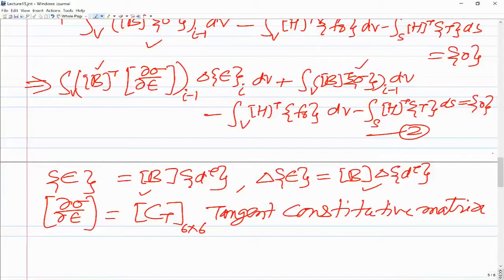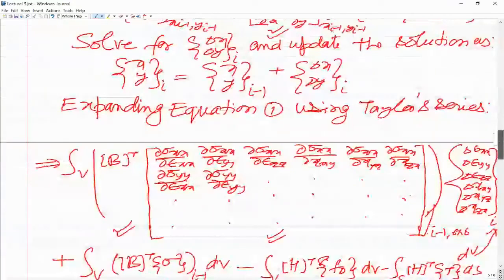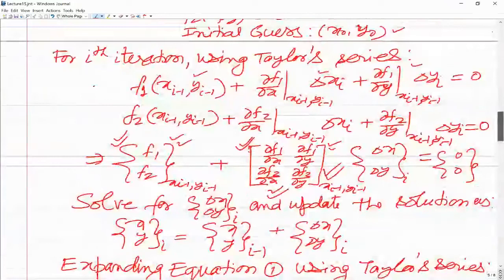Are we considering only two terms? Two terms in what sense? For the Taylor series expansion. Yes, for the Taylor series we are considering the first two terms. That is how we can easily solve the problem. In this example I have taken two terms in the Taylor series expansion: the value of the function at the previous iteration and the first gradient of the function.